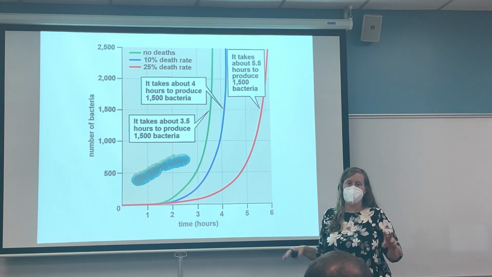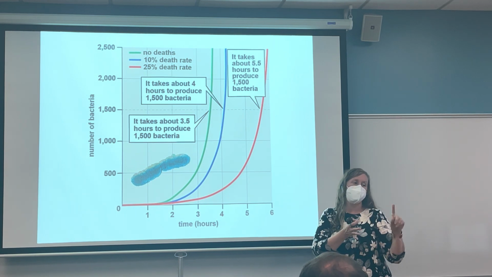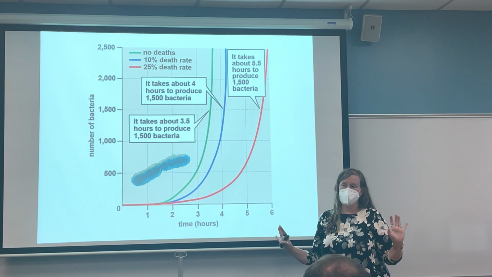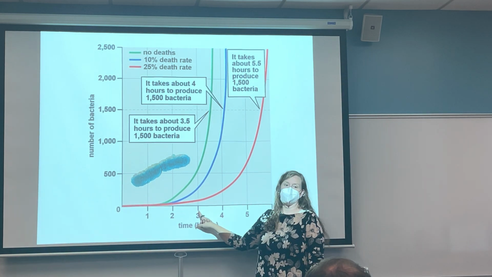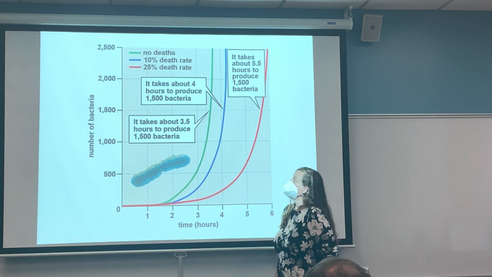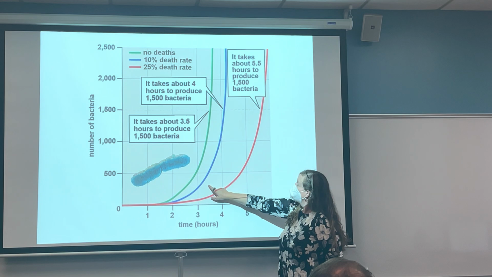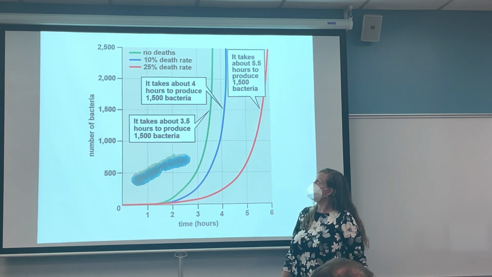So they're doing good, they've got enough of the environmental resistance, meaning food, space, water, air, no predators, nothing in their way, no deaths, they go up in 3 hours. If you have about 10% death rate, the blue, your infection gets that exponential growth rate in about 4 hours.